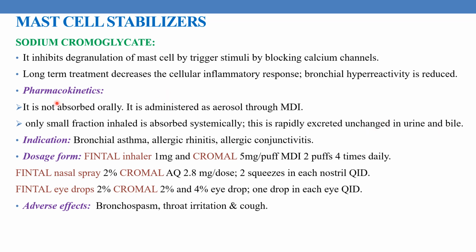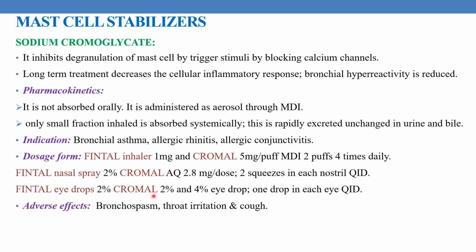Coming to the indications, sodium cromoglycate is indicated for bronchial asthma, allergic rhinitis and allergic conjunctivitis. The dosage forms or marketed preparations are Fintal inhaler 1 mg and Cromal, which is available as 5 mg per puff metered dose, 2 puffs 4 times daily. Fintal nasal spray 2% and Cromal Aqua 2.8 mg per dose, 2 squeezes in each nostril 4 times.